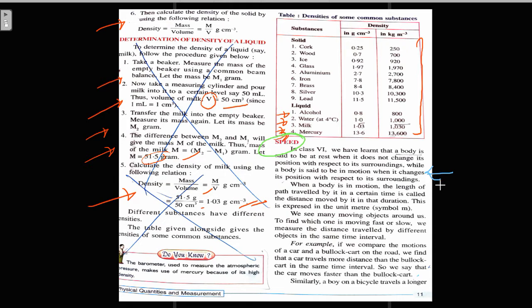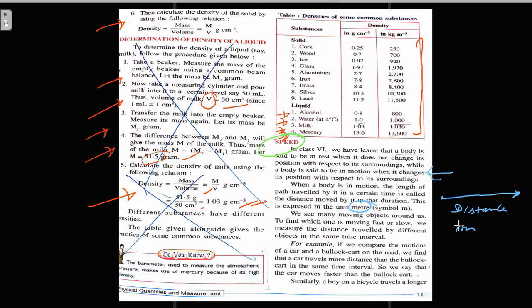When the body moves from this place to this place, this is the length of the path traveled by it in a certain time. So it would be called distance moved in that direction. This is expressed in the unit meter. Its symbol is small m, right?